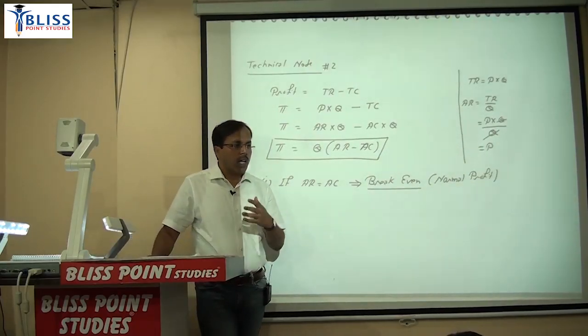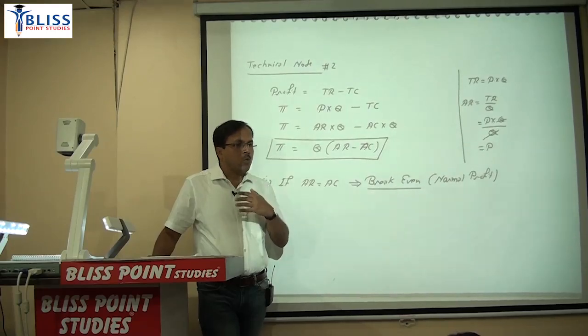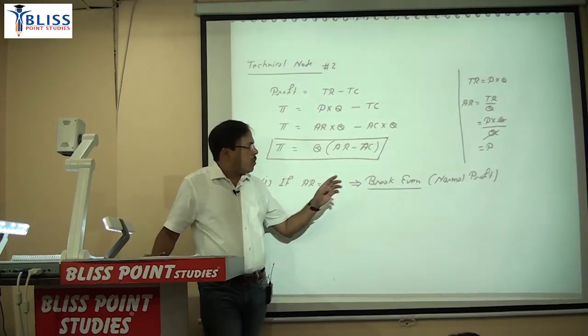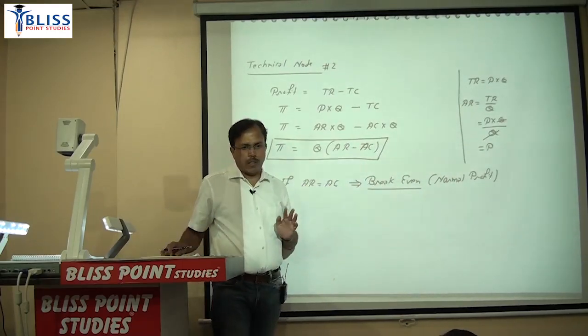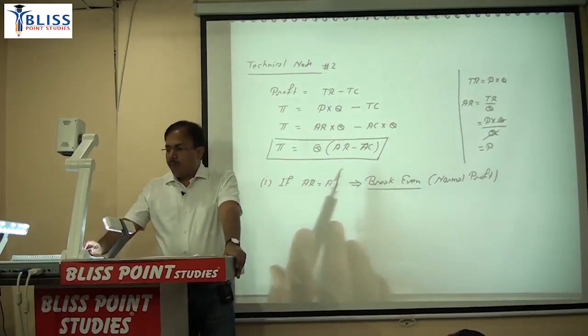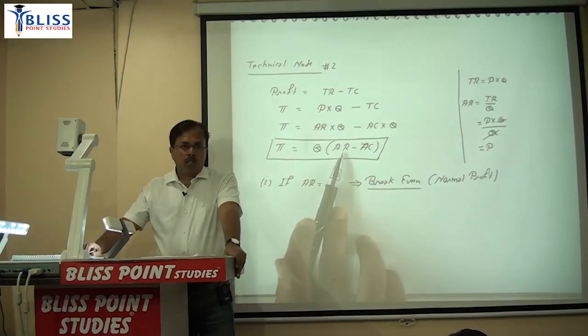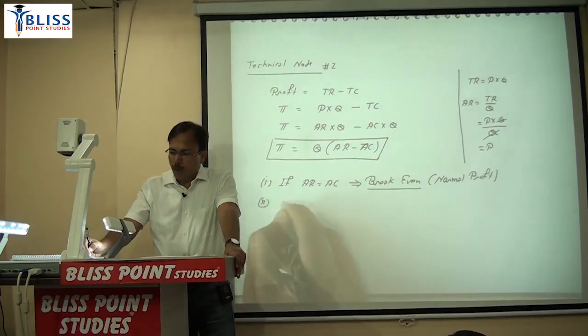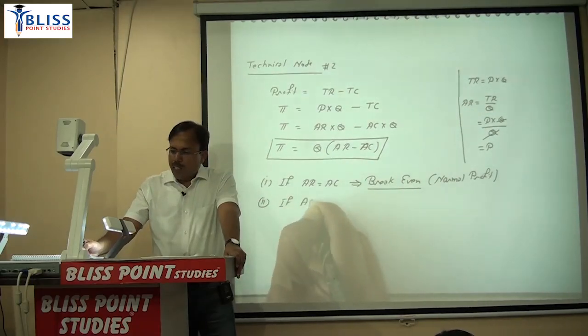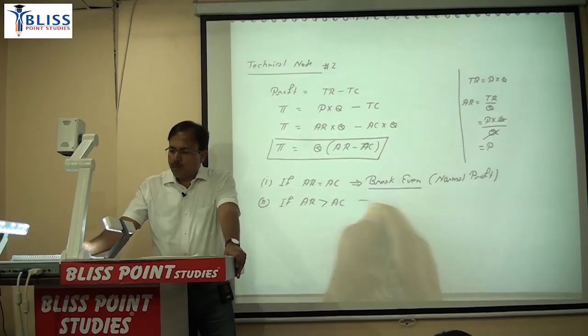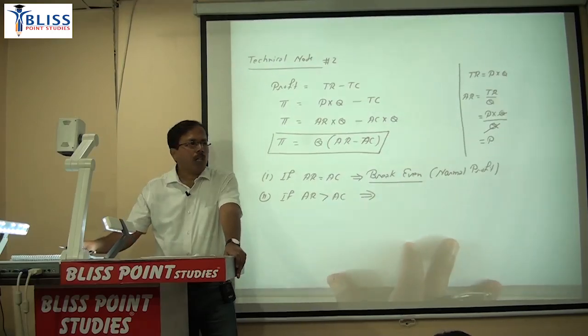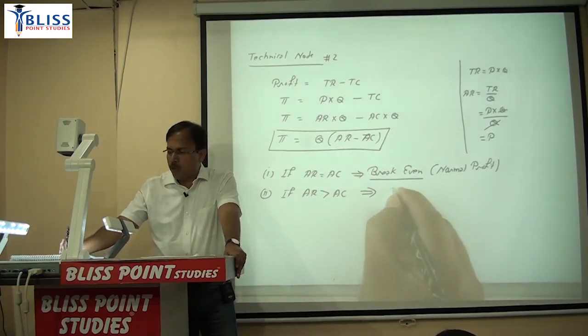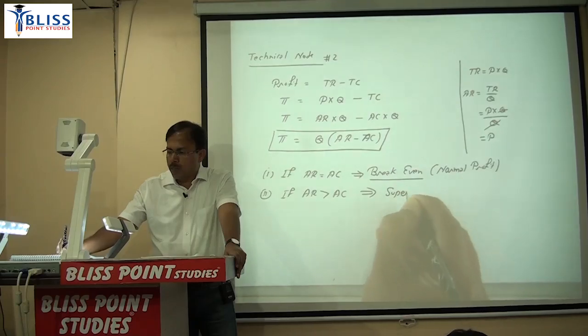So when you have no profit, it means it includes normal profit, because जो normal profit है वो cost में included है. So if a firm is able to recover entire cost, it means firm is earning normal profit. But if average revenue is greater than average cost, then profit is more than normal. So any profit more than normal, you can say it is supernormal profit.